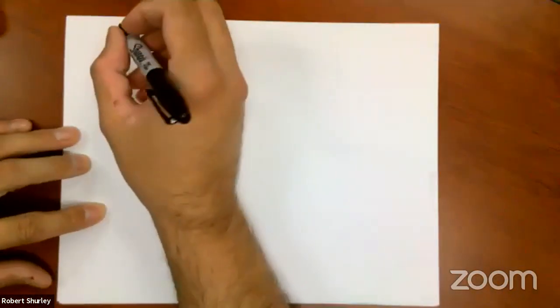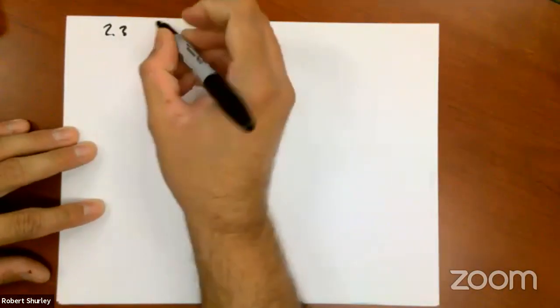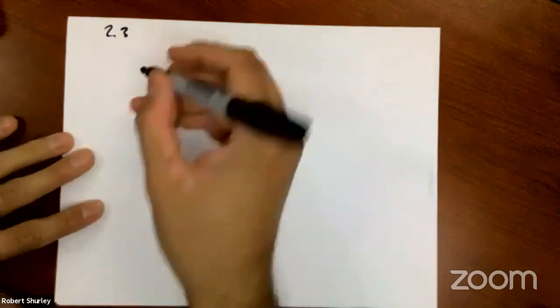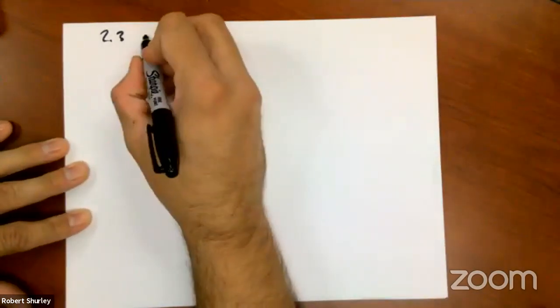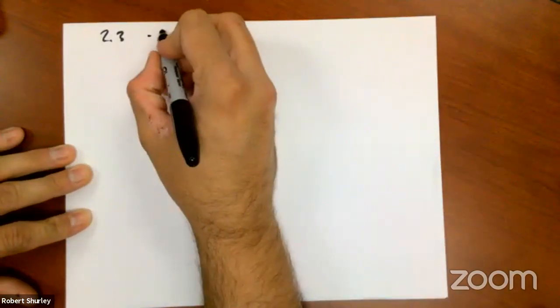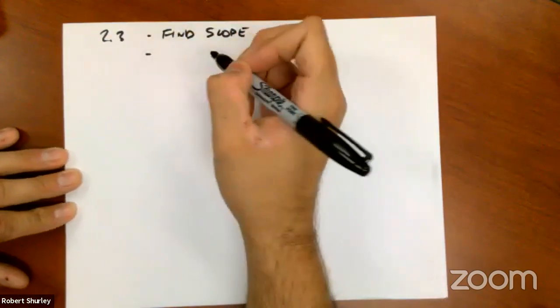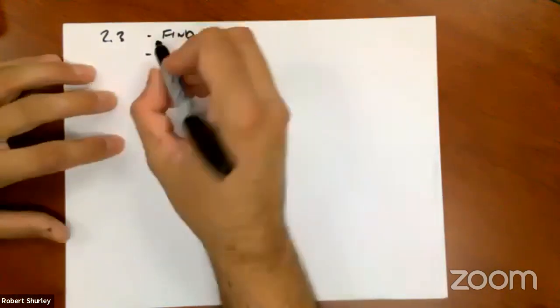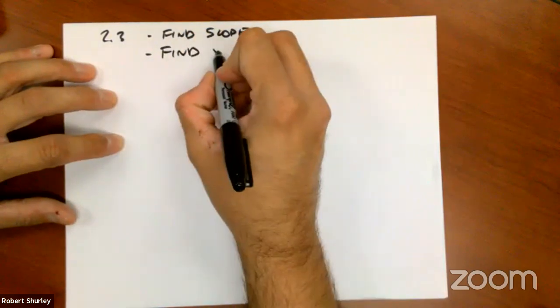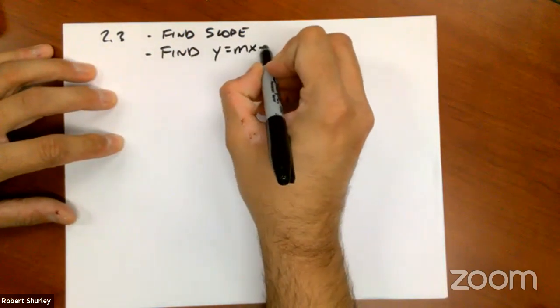First off, the sections we started with, 2.3. 2.3 was over some basic stuff. First, it was slope of a line, right? You're going to have to find the slope. Then you're going to have to find the equation of a line, y equals mx plus b.